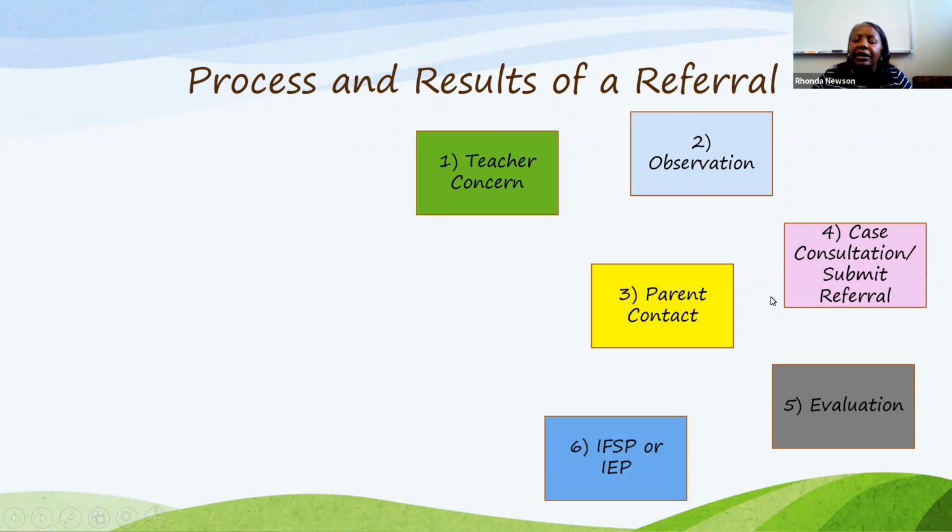At the evaluation, the child may be eligible for services and will receive an IFSP, an Individualized Family Service Plan, for children under 3, or an IEP, an Individualized Education Plan, for children 3 and older.